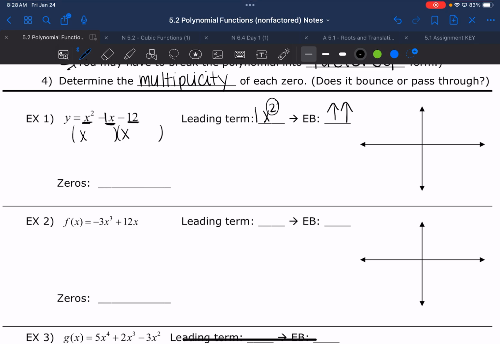So what are going to be the numbers we put in our factors here? 4 and 3. Which one's positive and negative? Negative 4 and positive 3, because negative 4 plus 3 does give us this negative 1 in the middle. Perfect. So if those are our factors, then where am I going to have zeros?